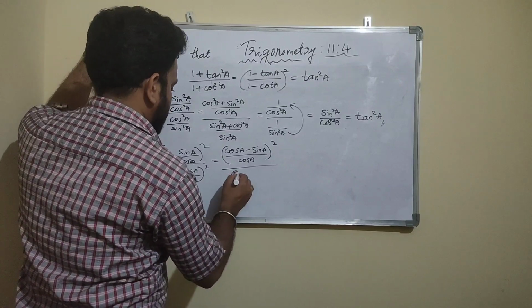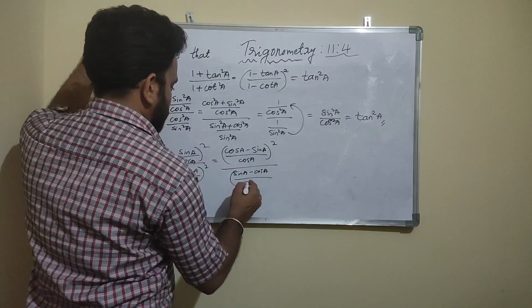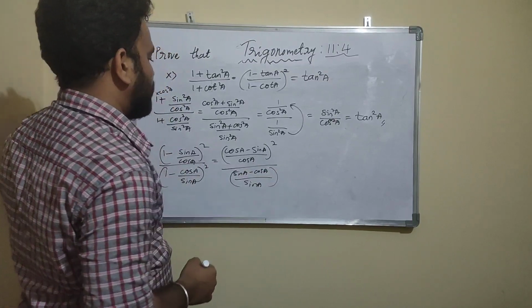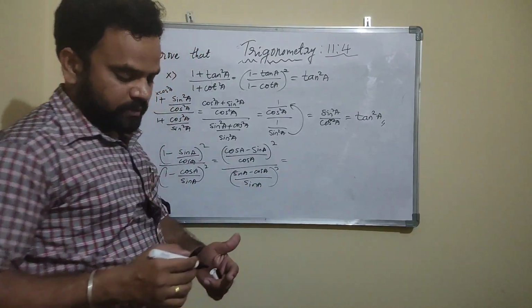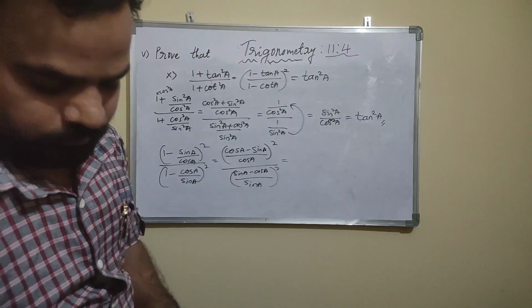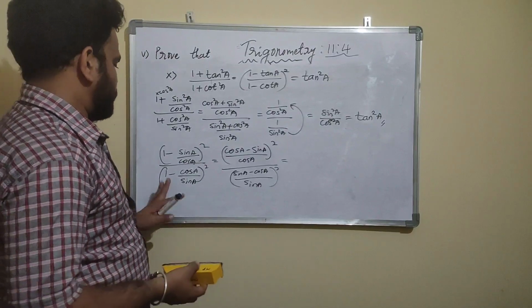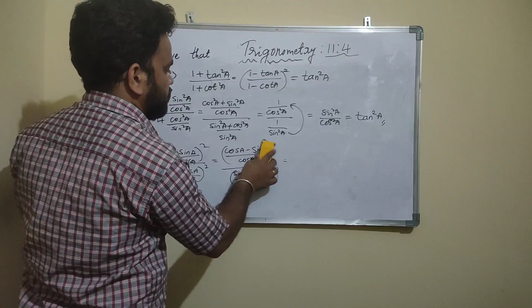Here I get sin a minus cos a, whole by sin a, right, whole square. Once again we can write, or else we can just use the a minus b whole square formula instead of doing this.